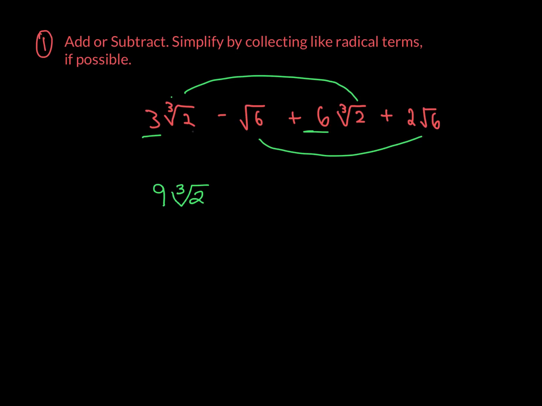One thing that you'll want to remember here, because we're putting the 2 with the number that's in front of this square root of 6, and that is actually negative 1. So 2 and negative 1 is positive 1 square root of 6. And when you've got a 1 in front of a radical, you just leave it off.